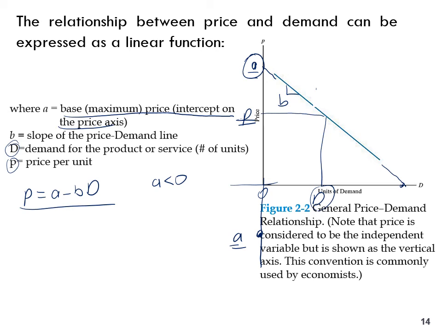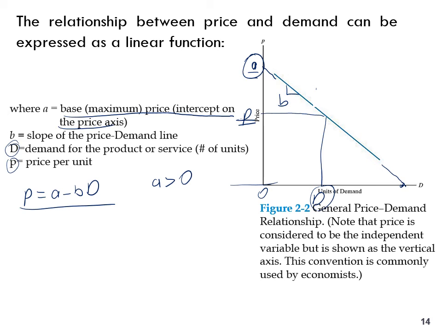What's a negative price? Negative price means that the seller, the producer, pays you if you buy that item, and it's meaningless. It means that A cannot be less than 0. A should be greater than 0.